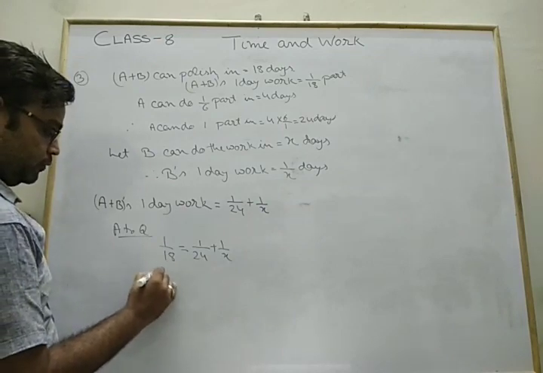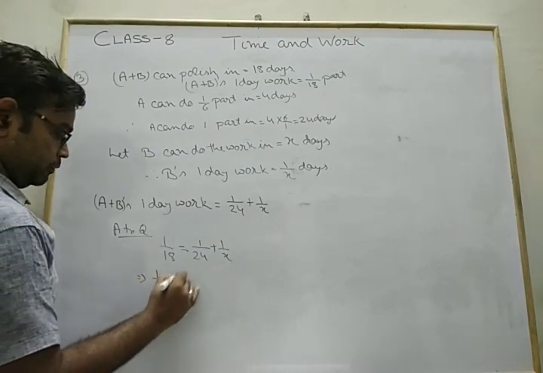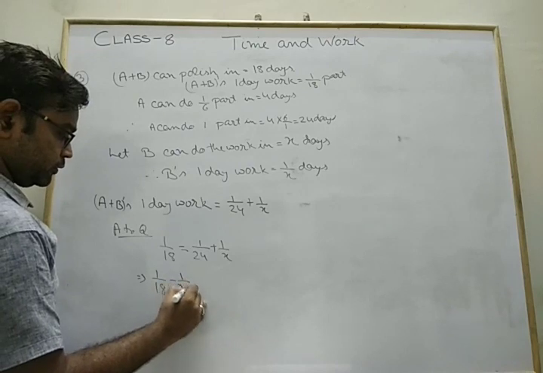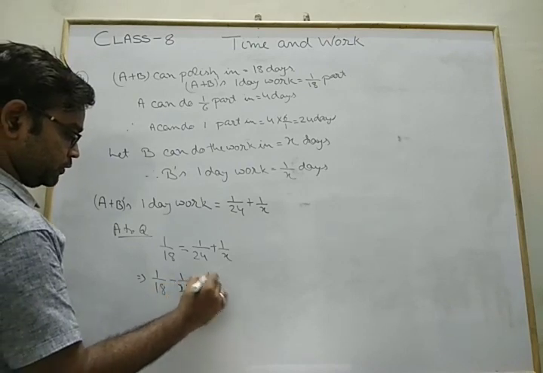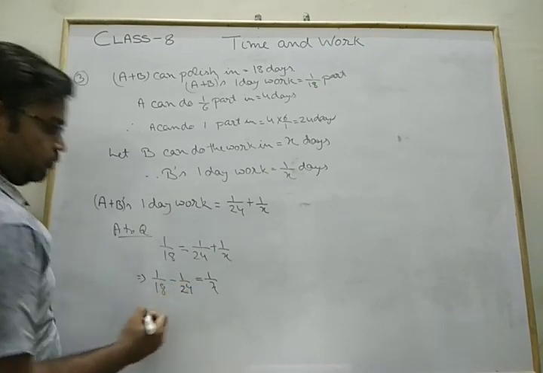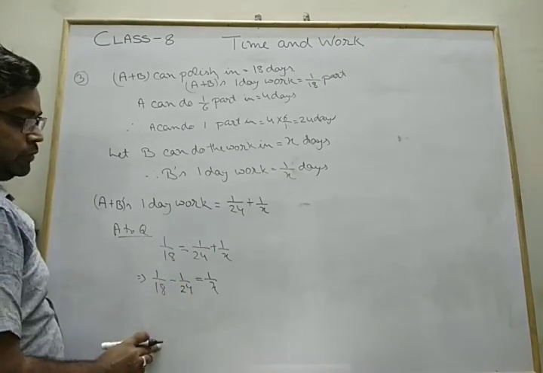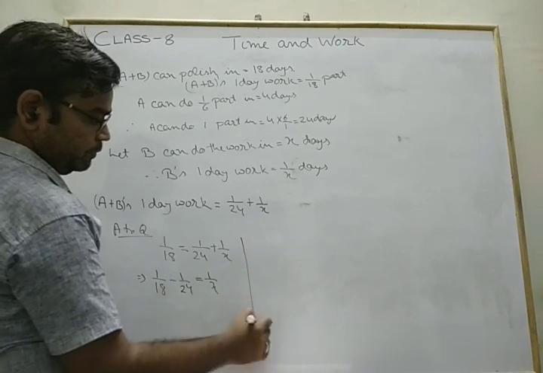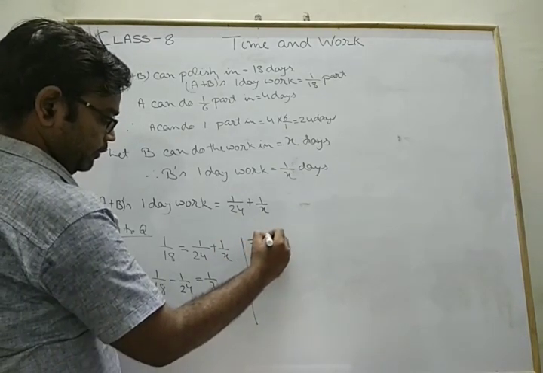You can write 1 upon 18 minus 1 upon 24 equals 1 upon X. When you simplify this side, what do we have?